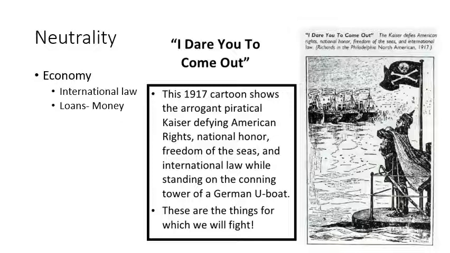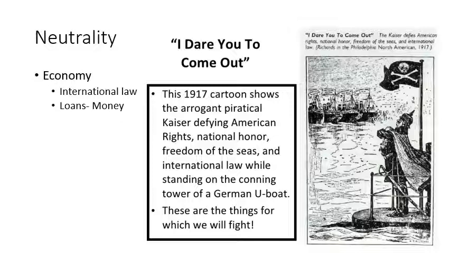The Allies are going to borrow money from United States banks to help fund the war. Initially, William Jennings Bryan convinces Woodrow Wilson to prohibit loans to belligerent nations because it's not consistent with the spirit of neutrality. The moment you are loaning someone money, you want them to win the battle so that they pay you back.